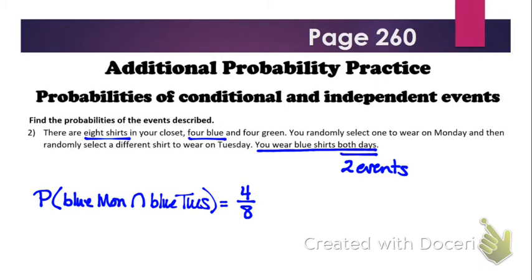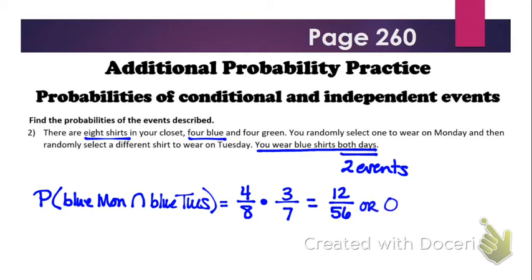You select a different shirt to wear on Tuesday. So you got home on Monday and you didn't hang that blue shirt up again, right? So it's not in your closet anymore. How many shirts are in your closet on Tuesday when you wake up? 7. How many of those 7 shirts are blue? 3. And so then I multiply straight across and I get 12 over what? 12 over 56.